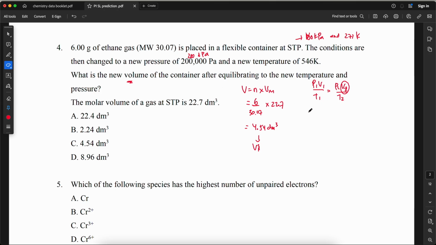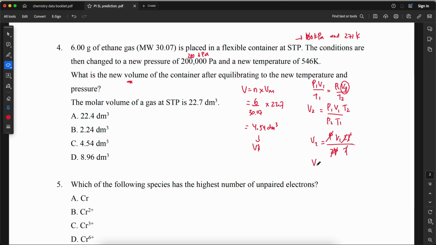Okay, new volume. So V2 is P1 V1 T2 divided by P2 and then T1. The pressure is double, the temperature is double, so now we can plug in: P as the pressure, V1 is the initial volume, T2 is double, so 2T, pressure is double, so 2P, and then temperature T. So now we can eliminate T, eliminate P, and then the 2 as well.